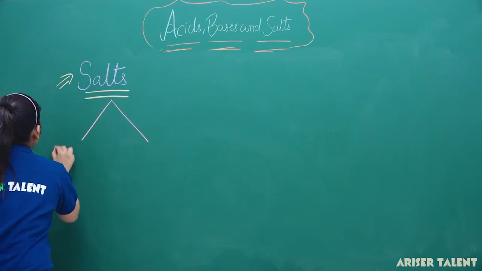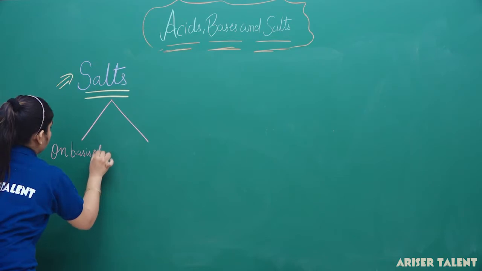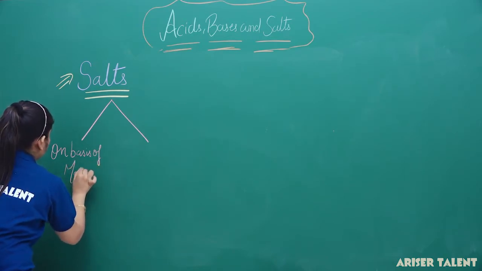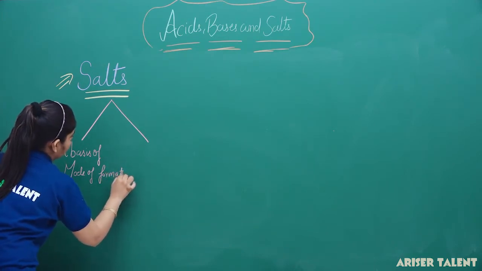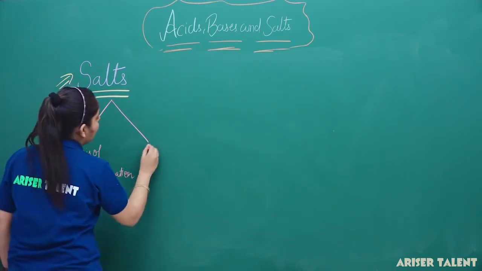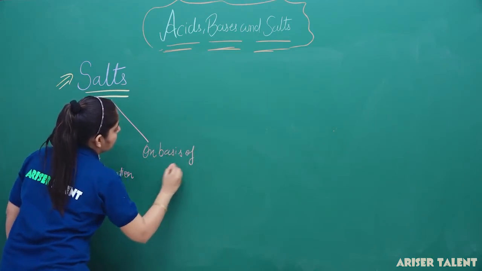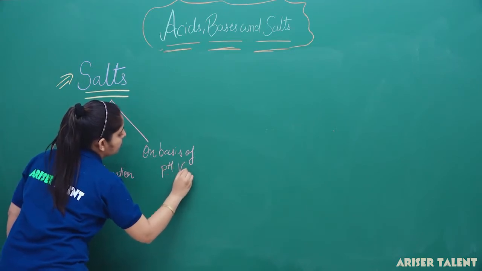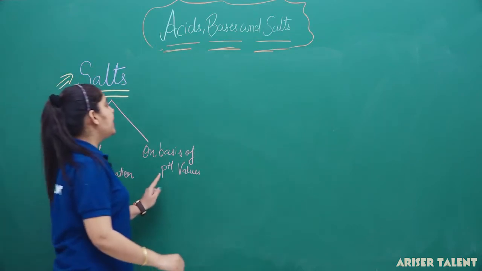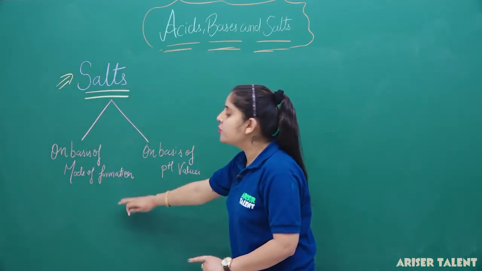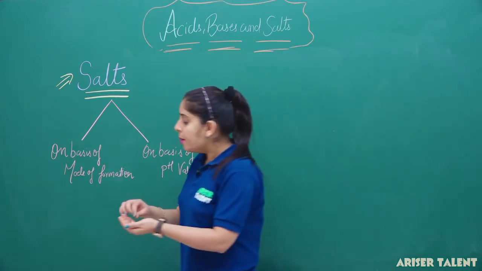The first one is on the basis of mode of formation, and the second category is on the basis of pH values. So these are our two categories to define the salt.